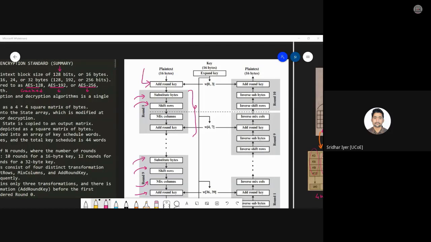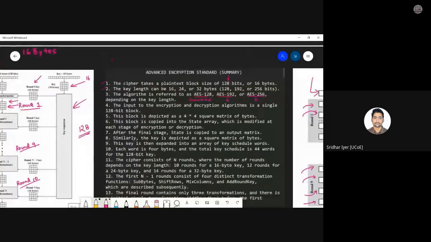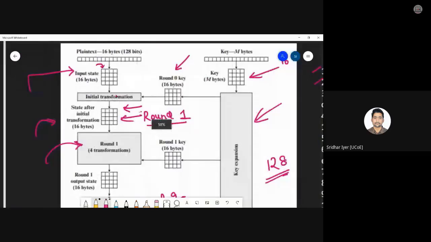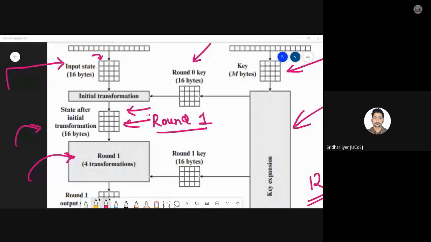Before the actual operation begins, if you remember, there was a phase called the initial transformation. Have I discussed it? Yes, during the initial discussion. But what exactly is inside that initial transformation? Can you let me know?